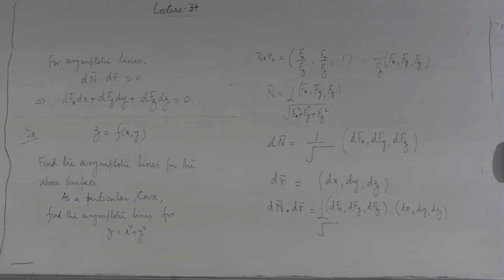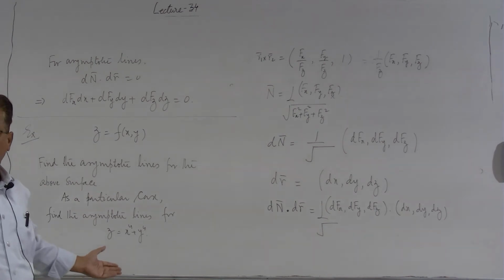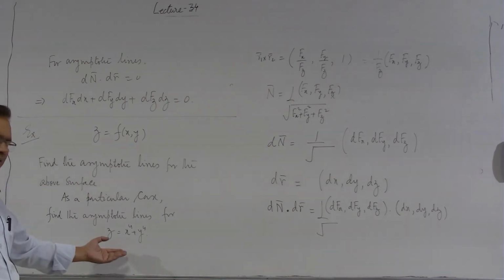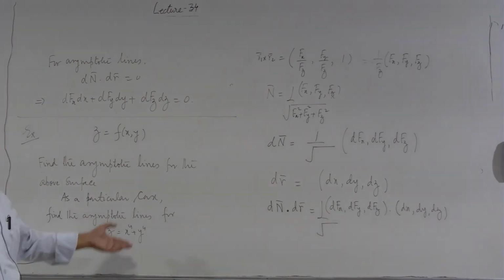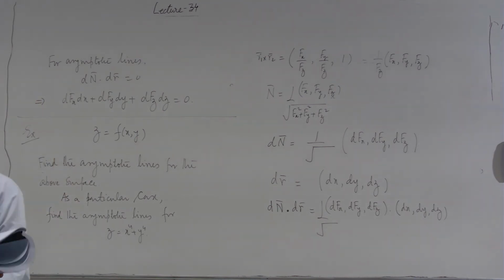You can see here the equation is given in explicit form. Once you do it in general, you can do it for this also, but if you find this easier, do it first and then try to generalize it. Okay, it is up to you.